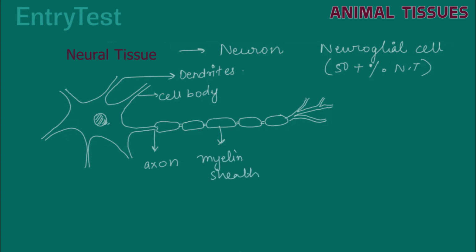And this myelin sheath, the overall covering, is composed of these cells. These cells are known as Schwann cells. We'll be doing them in detail once we discuss the topic of the nervous system. But right now you need to have this information, and these nodes that you can see are known as nodes of Ranvier. And this end over here is the axon terminal.